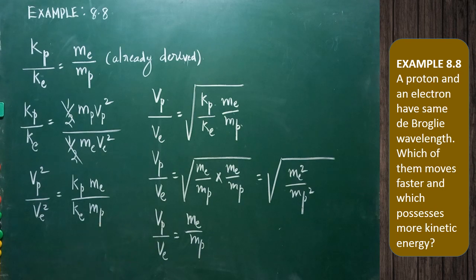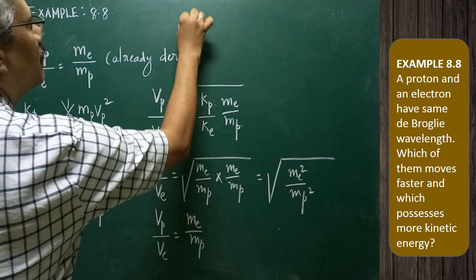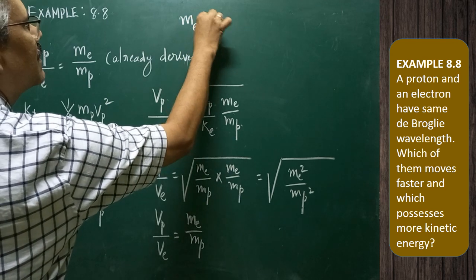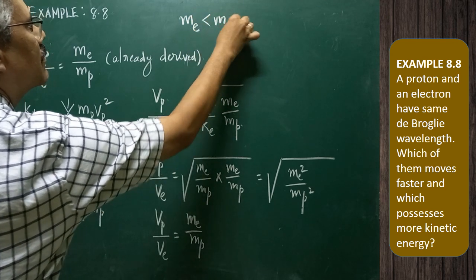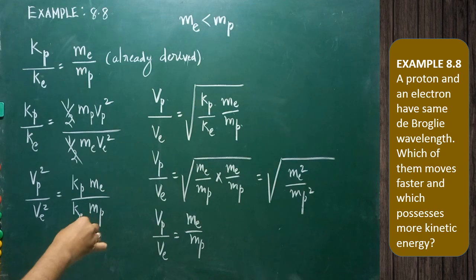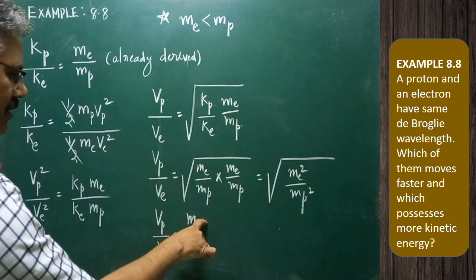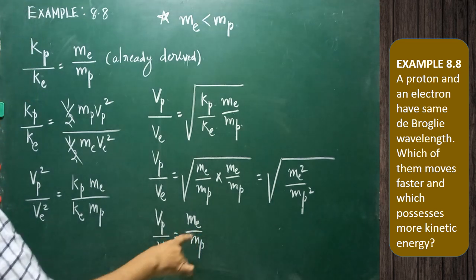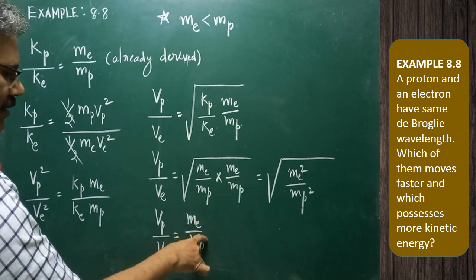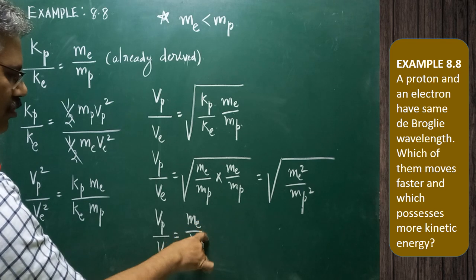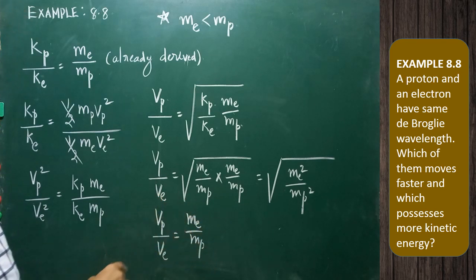From this expression we are going to arrive at the final conclusion. Already we have seen that the mass of the electron is lesser than the mass of the proton. This is already known. Are you clear? So look here, if this one is divided by this one, that is a smaller number divided by a greater number, you will get a fractional number.